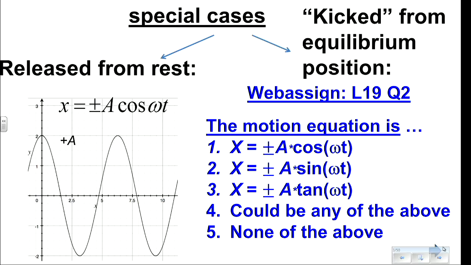Because if you remember, angular frequency, period, regular frequency are related to two variables, k, spring constant, and m, mass. So if I don't change anything with springs and masses, I don't affect the period, I don't affect the frequency, I don't affect angular frequency.